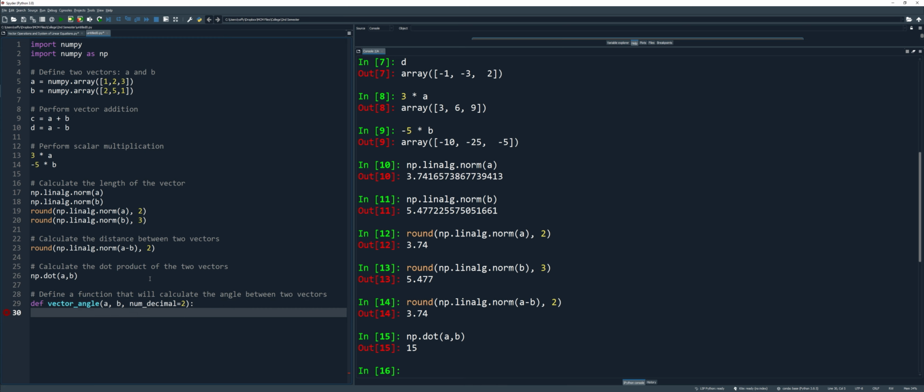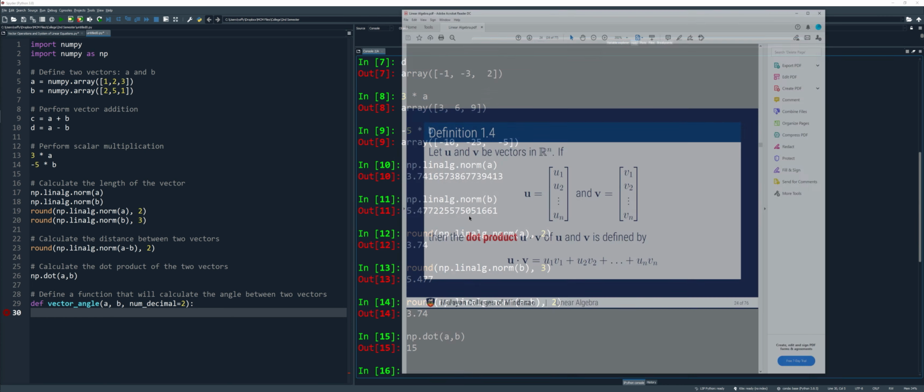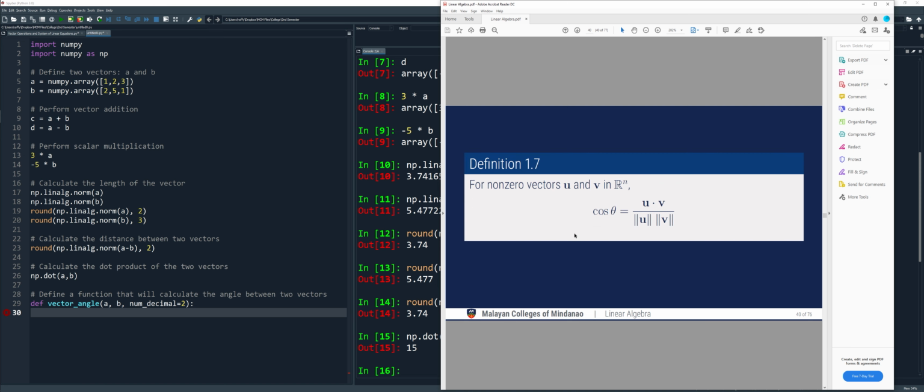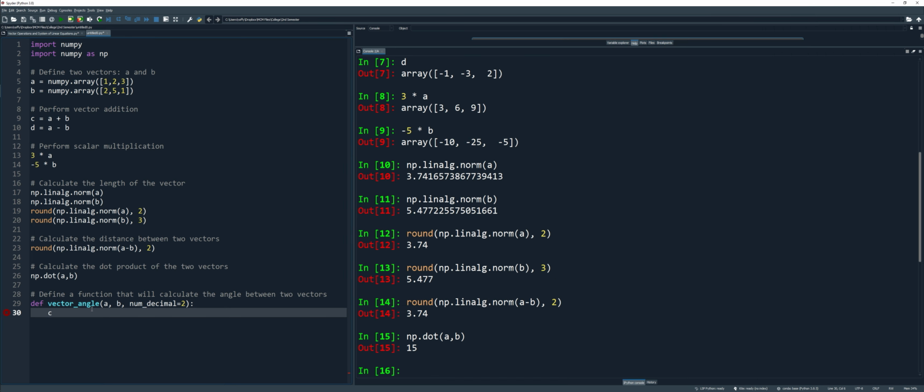Now, in our function, we need to review that the formula to calculate the angle between two vectors is this one. We get the dot product of u and v, and the length of u, then the length of v. Then we perform this operation. So that's cosine theta, and I will store that operation here.